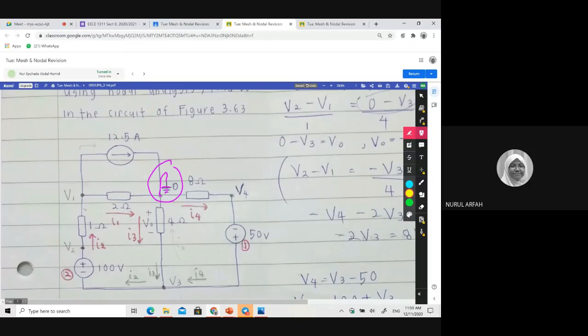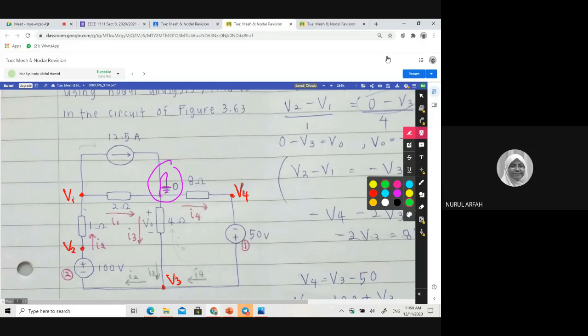Brothers and sisters, okay, before that, maybe you are confused. A super node is when you have a voltage source in between two unknowns. You name this one as V1, this is V2, V3, and V4. Okay, how many unknowns do you have? 4, right? And how many voltage sources do you have? 2.